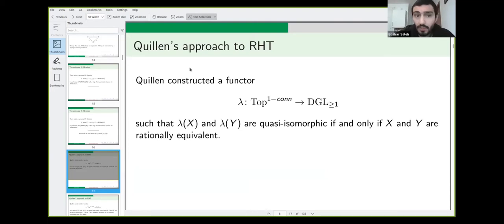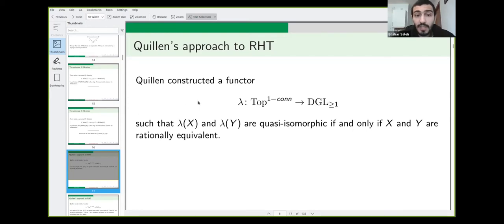So Quillen constructed a functor from the category of one-connected topological spaces to the category of differential graded Lie algebras, simply connected, or let's say positively graded. And this functor is a complete invariant.